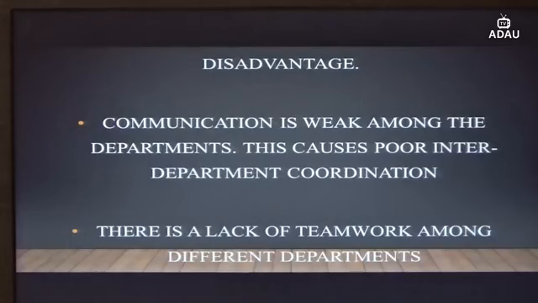But unfortunately, there are some disadvantages, as communication in this type of organizational structure is weak, because that causes poor interrelation between departments. There is a lack of interaction between departments.